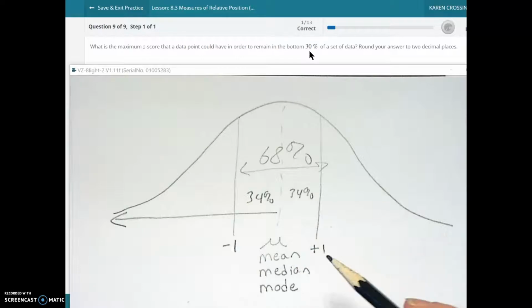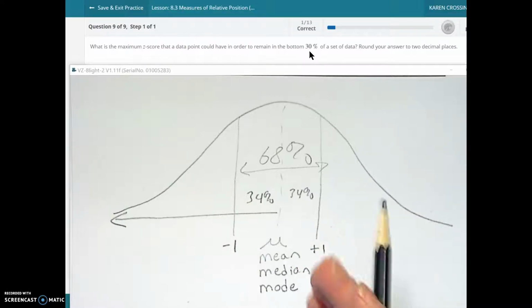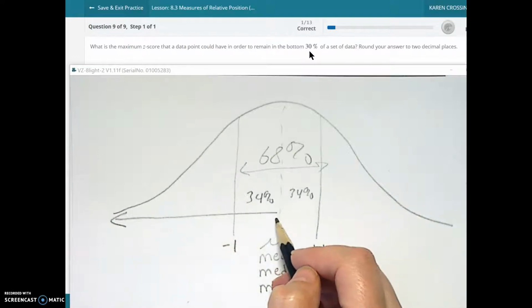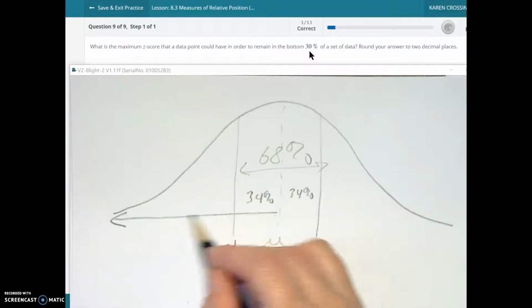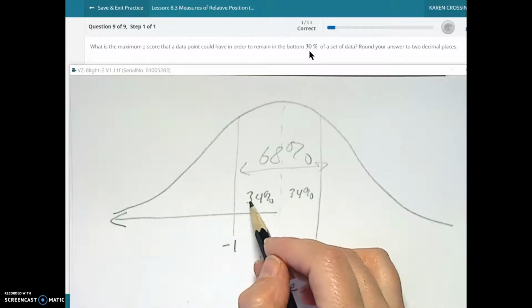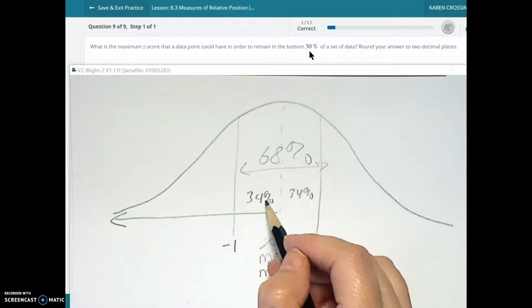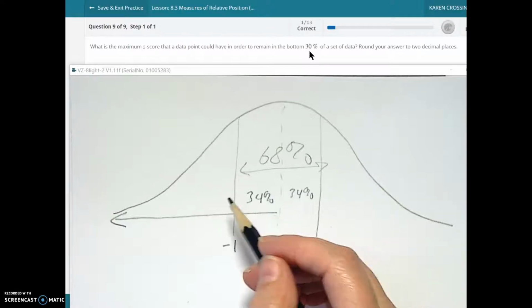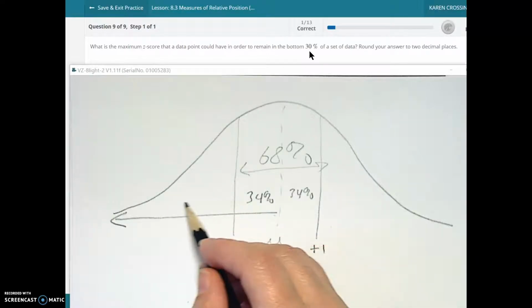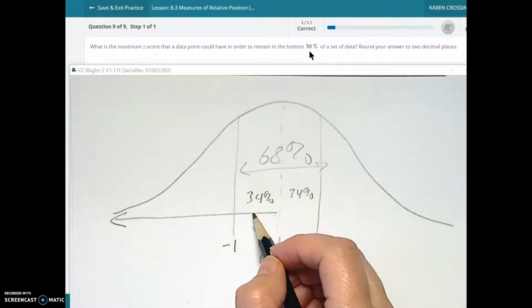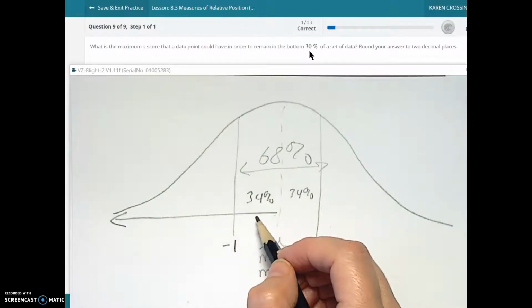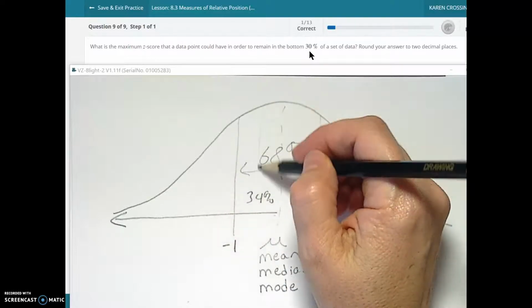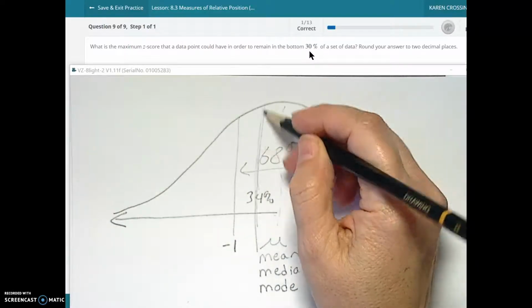So since we want the lower 30% of this curve, and this is 50% all the way over here, and this is 34%, then 50 minus 34 is 16%. So there's only 16% of the data over here, which means that to stay within the lower 30%, we're going to have to be somewhere around here, but we're not really sure. It's not a specific place.